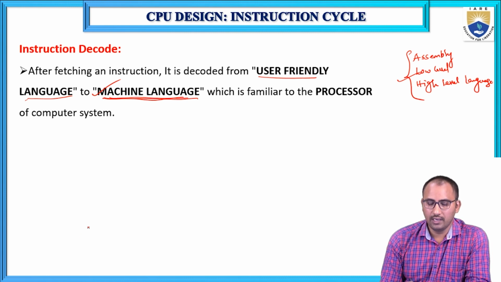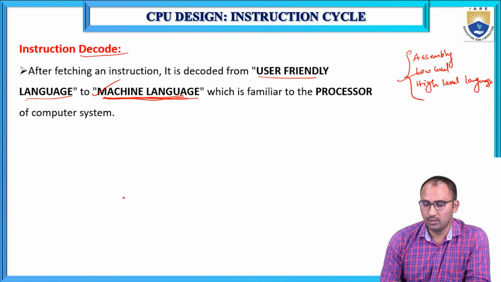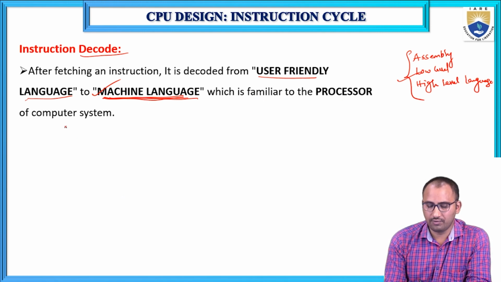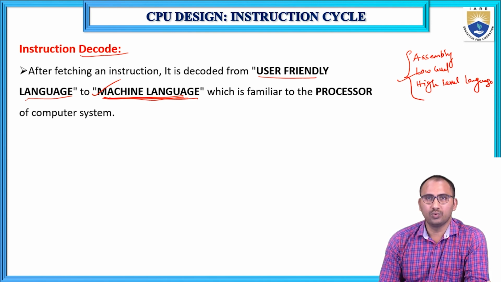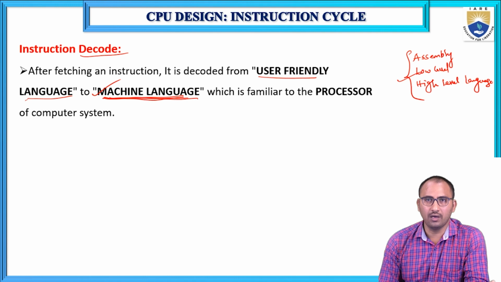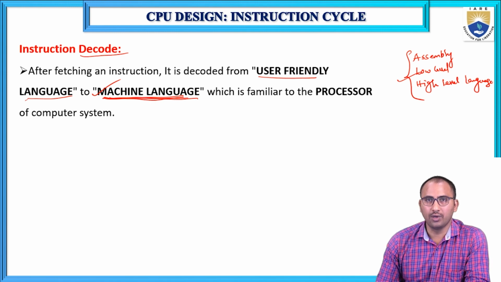That's why during the instruction decoding phase, the instruction written in the user-friendly language is converted into the machine language, which is familiar to the processor of the computer system. So that is instruction decoding.